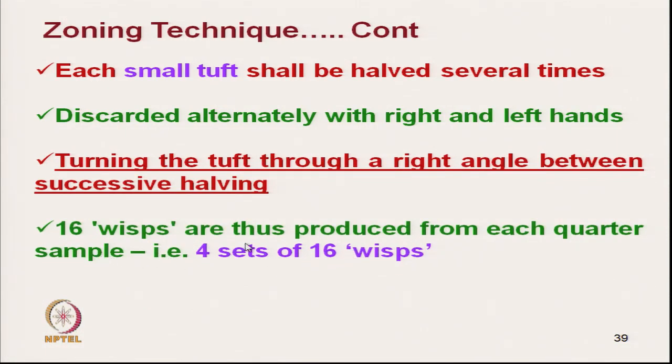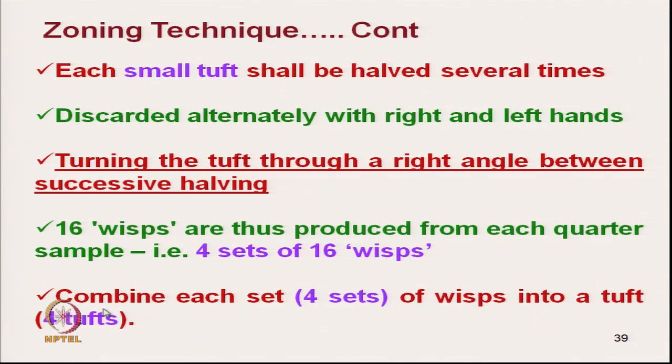16 wisps are thus produced from each quarter of the sample. So, these 16 wisps, that is 4 sets of 16, that is 64. Combine each set of wisps into tufts, so we are getting 4 tufts.